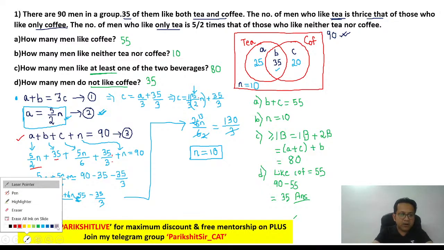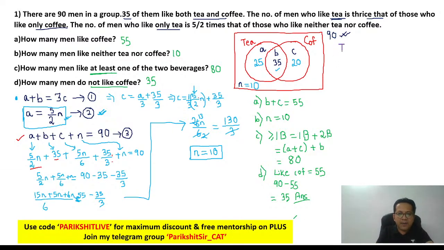Okay. Now think about it. There are some small terminologies which make all the difference. If I were to tell you how many people like tea only, your answer is going to be A. Yesterday's class, right? This is class 2, Venn diagram part 2. In part 1, we discussed this in detail, but I'm going to repeat it.